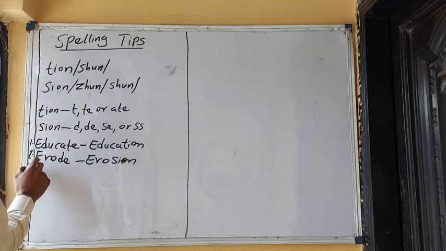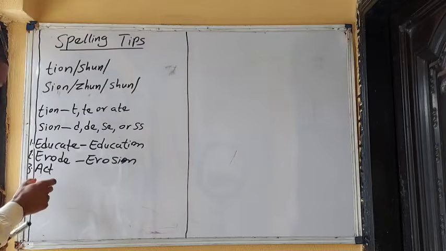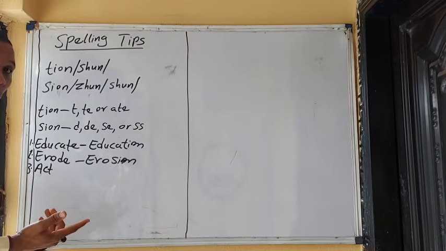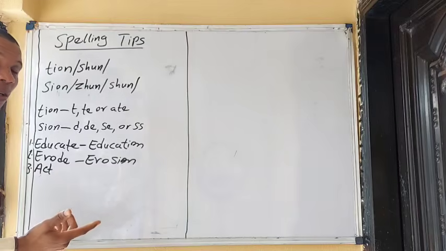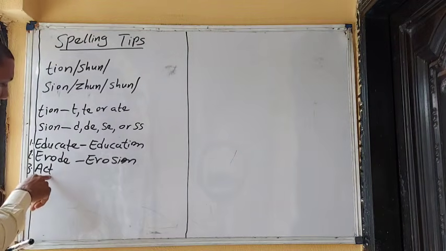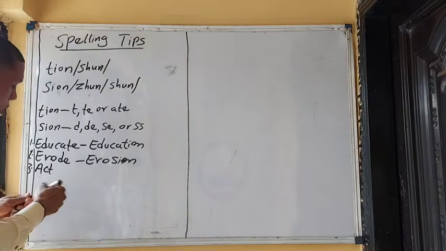The next one is number 3. Let's say we have act. Very simple word, but it's a meaningful word. Act. Now, which of the tion are we going to be needing? We are going to be needing the tion, in the sense that the T is ending this word. So we are going to be using what?